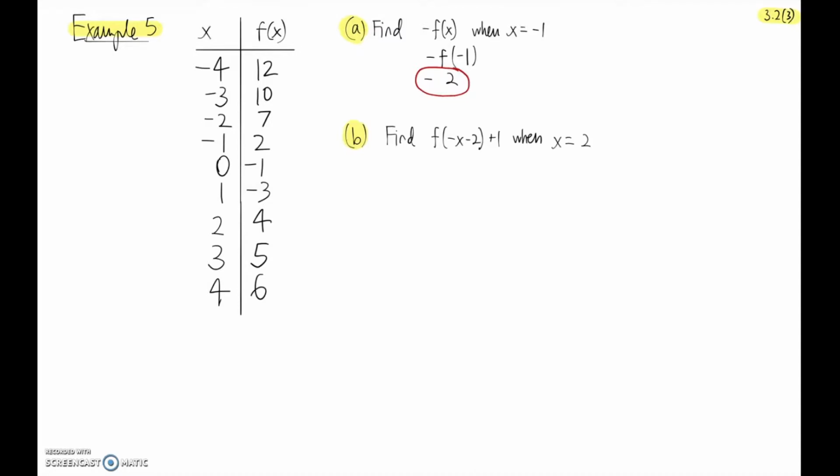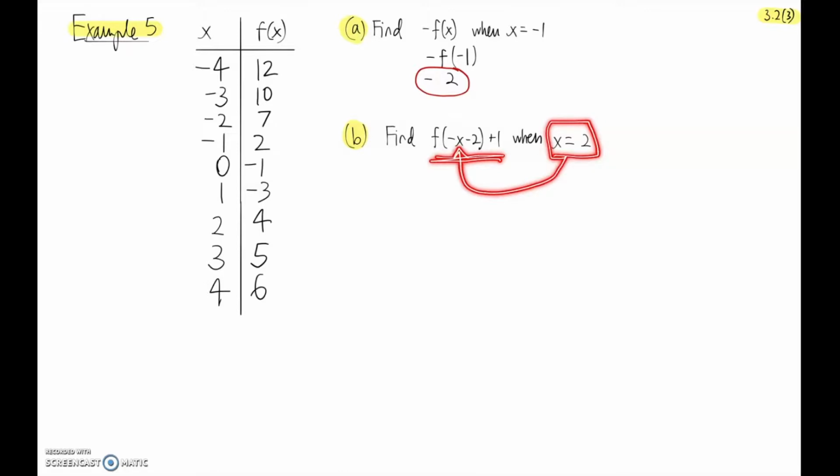Okay, so more practice with function notation and using tables. Find this big old honkin' thing when x equals 2. We're just going to attack it a piece at a time. If x equals 2, then I'm going to put that in for x right here.